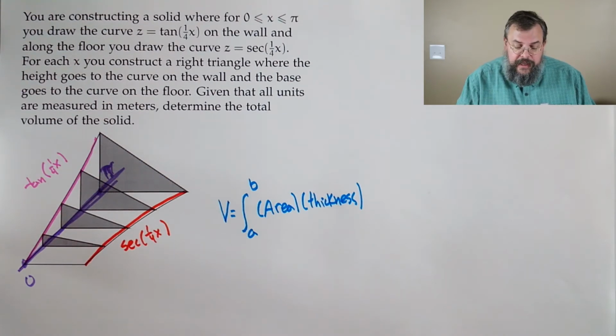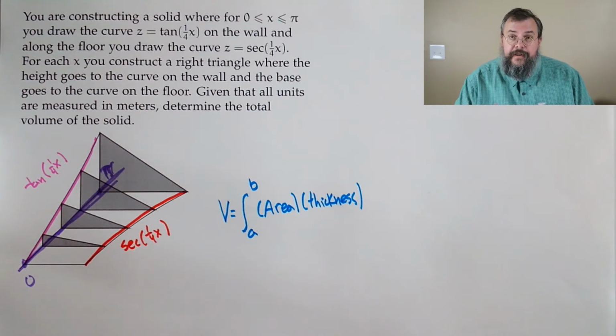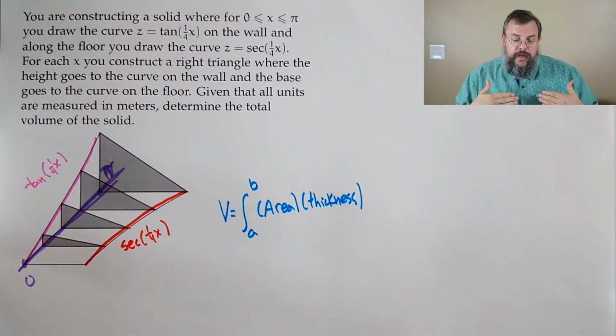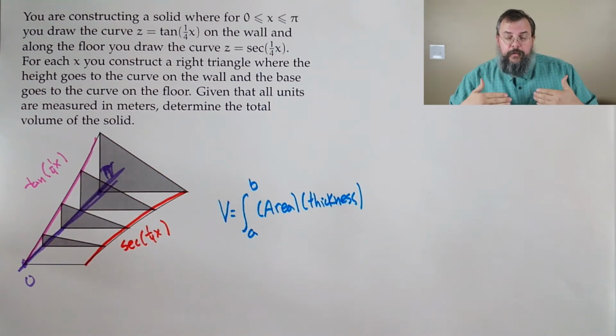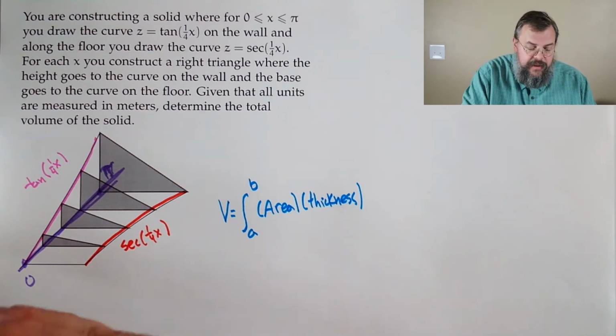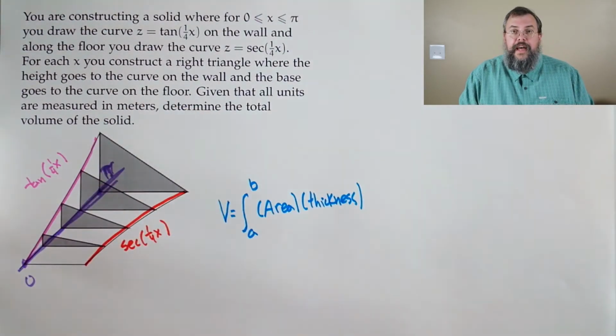So let's think about, first off, what's the logical way to slice? We're really talking about how for each x we construct a triangle as we look at this cross section, which means that we should be slicing with regard to x.